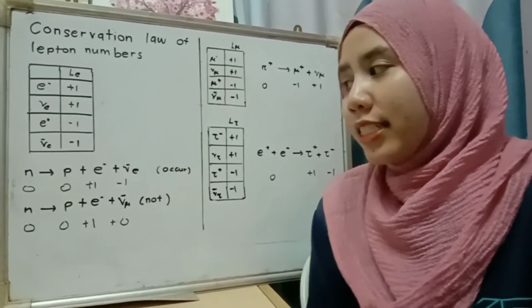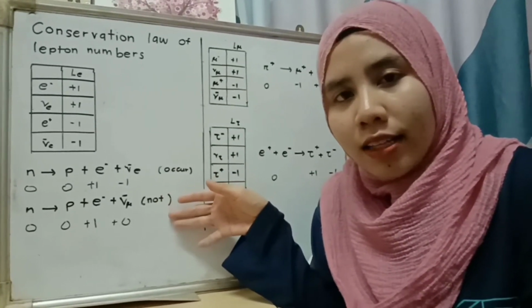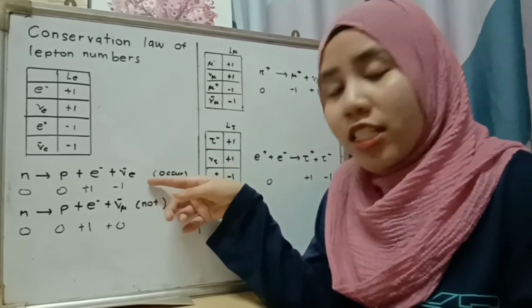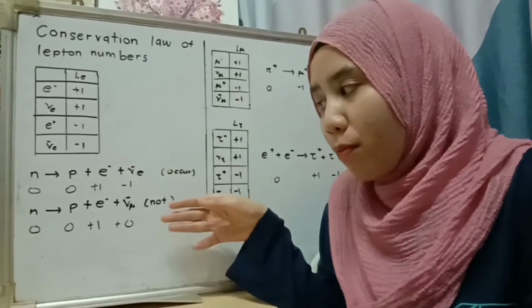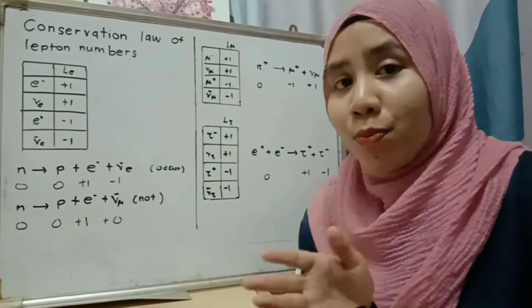So this part is to explain why the beta negative decay releases the electron antineutrino but not the muon antineutrino. So I will explain this part.